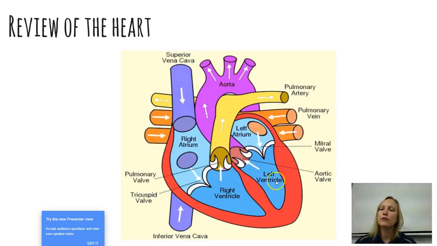That's because the left ventricle is responsible for pumping oxygenated blood, so blood full of oxygen, to the entire body, to the systemic system, okay, the systemic circulation.